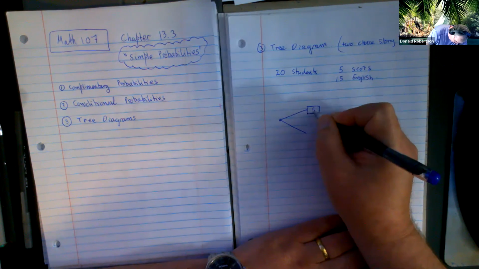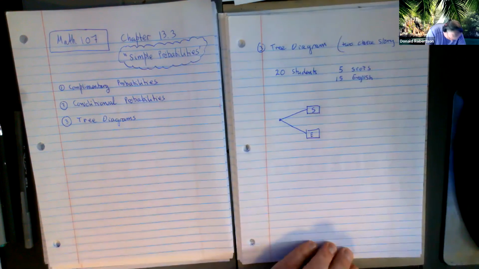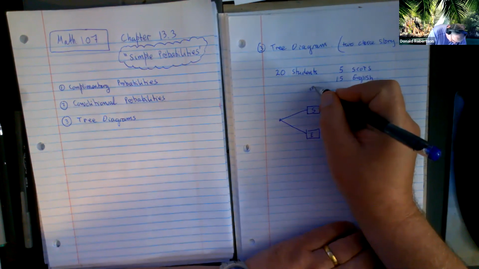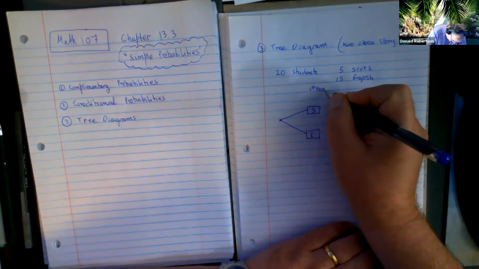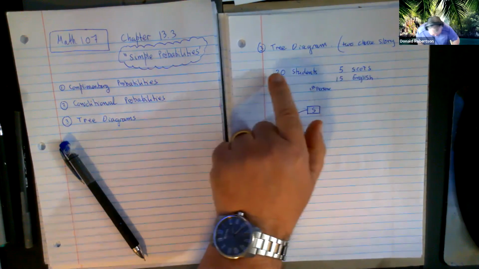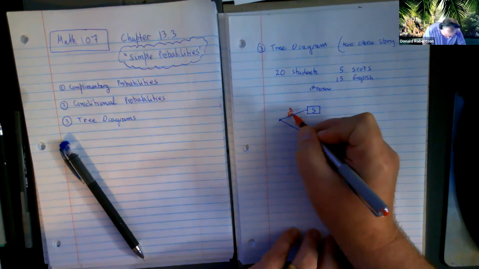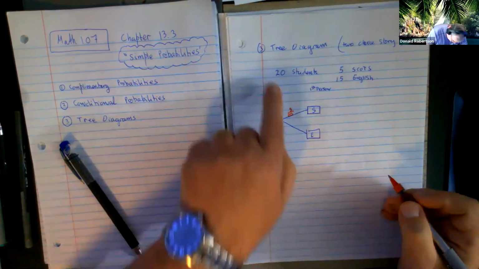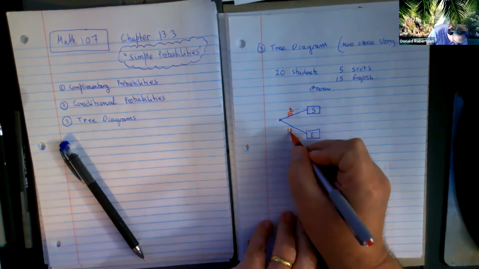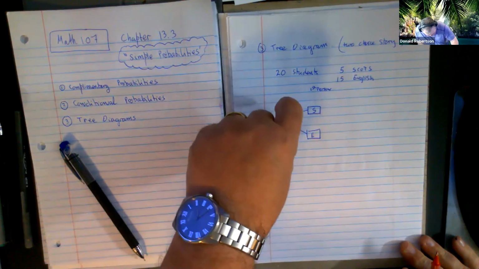So there's a Scot and there's an Englishman. This is the first person that I pick. 5 out of 20 are Scottish and 15 out of 20 are English. And on these little roads, these little pathways, you put the probability.